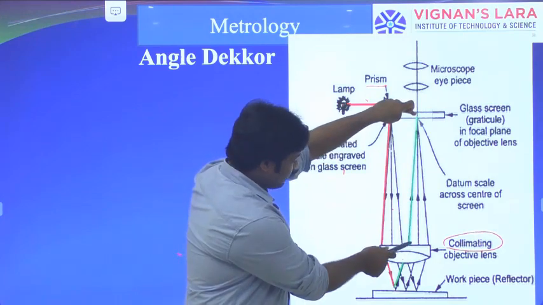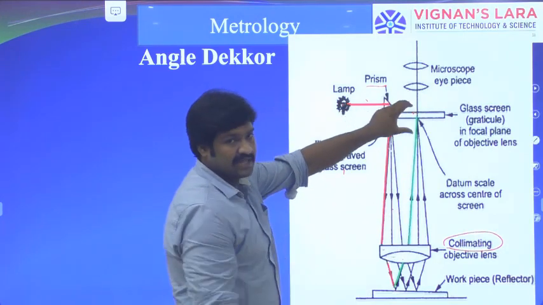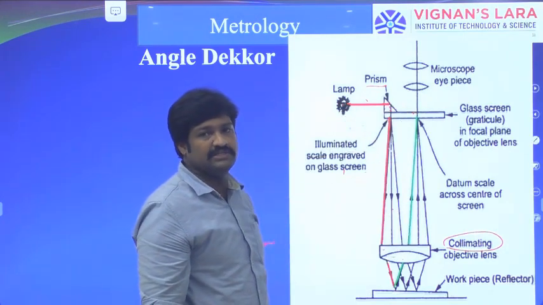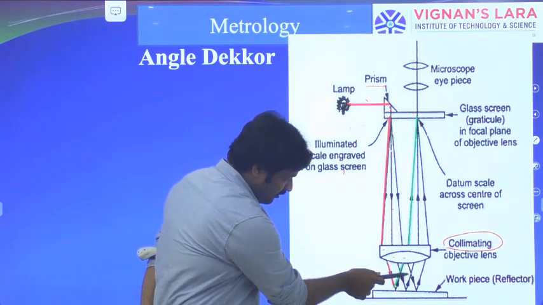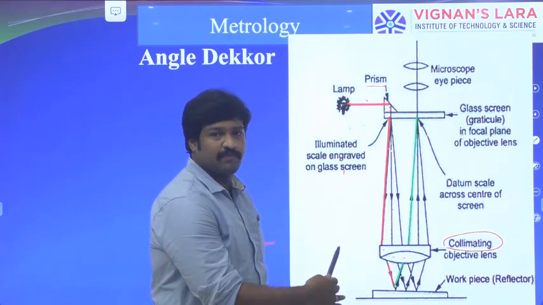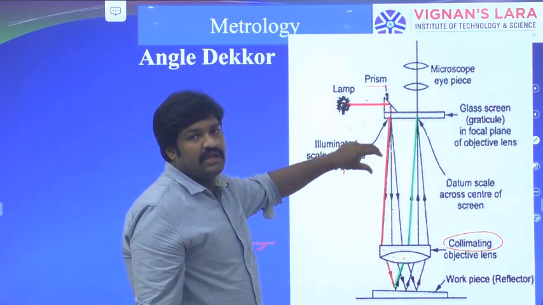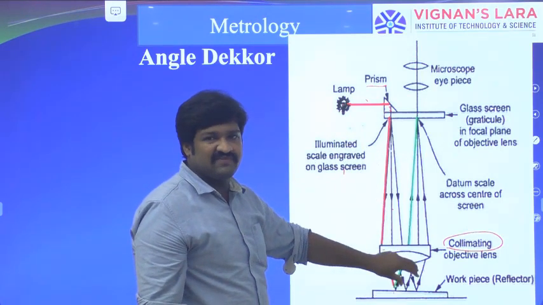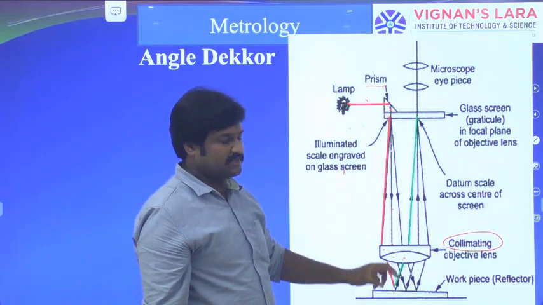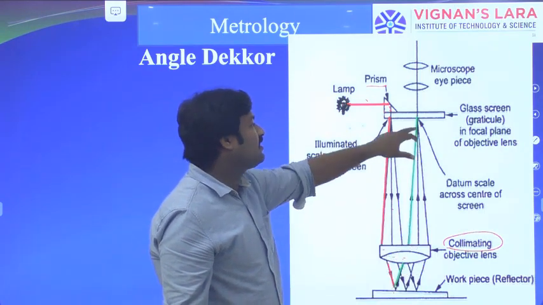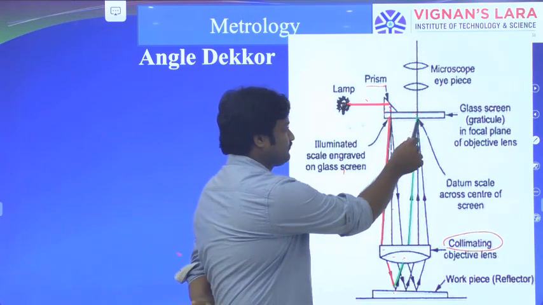From here to here the light rays are inclined to each other, whereas from the collimating lens to the workpiece they are parallel to each other. By means of the collimating lens, we convert inclined lines to parallel beams as well as parallel beams to inclined beams. Now all the light is projecting at a single point.